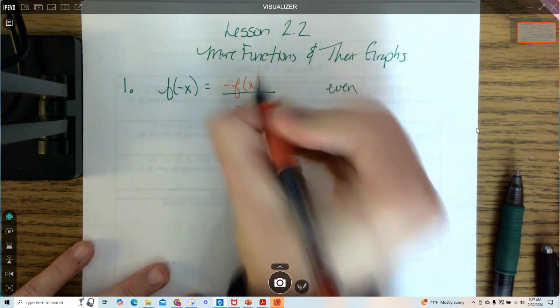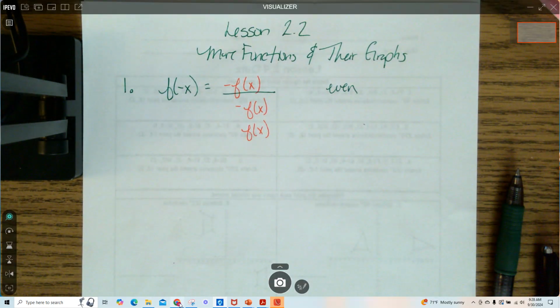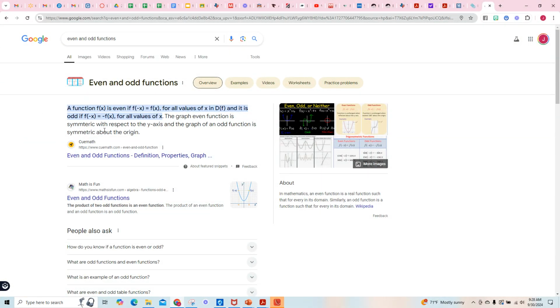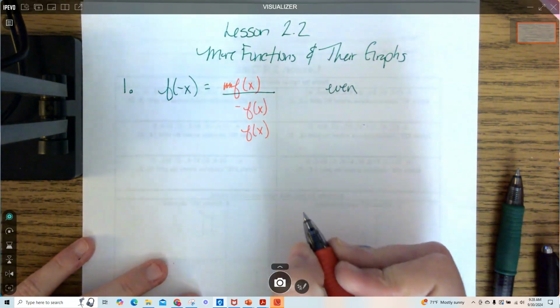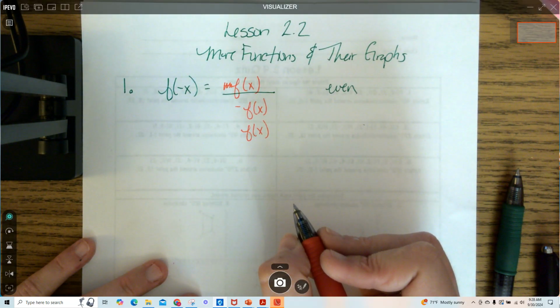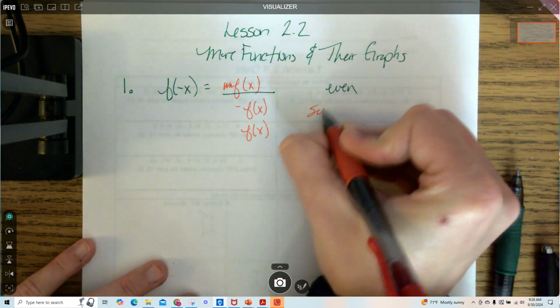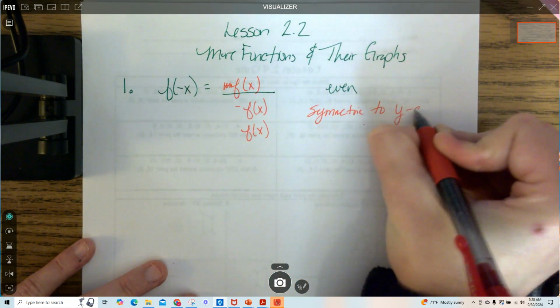It's asking if it's an even function, so it would be f of x. If f of negative x equals f of x, the function is symmetric with respect to the y-axis. So symmetric to the y-axis.